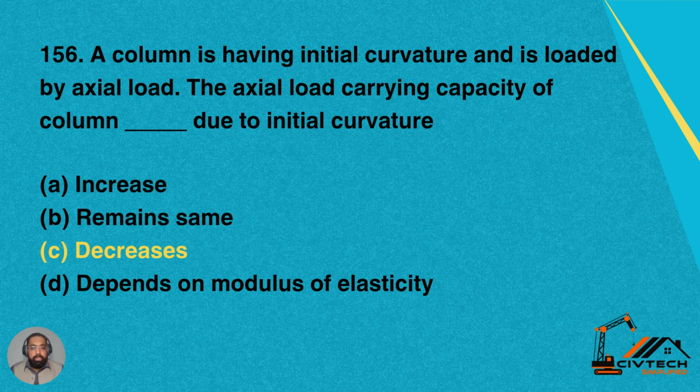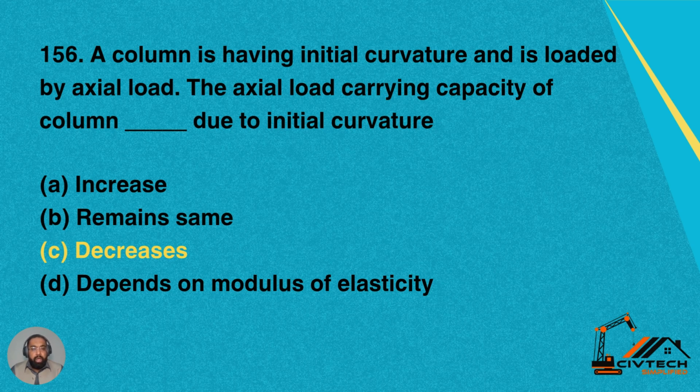Question 156. A column is having initial curvature and is loaded by axial load. The axial load carrying capacity of column dash due to initial curvature.